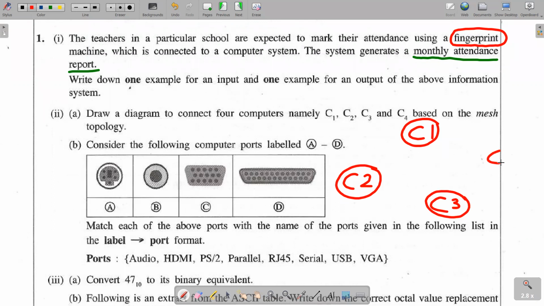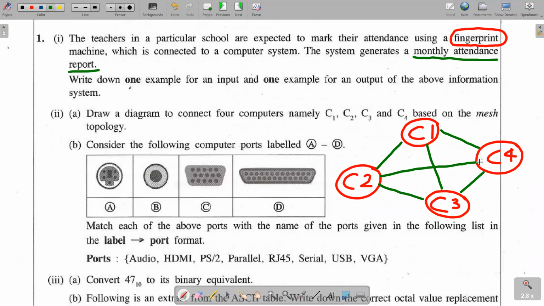Somehow your PCs should be named. And if it is a mesh topology, that means each and every computer must connect with all other computers. So this is how you can show the mesh topology. C1, C2, C3, C4 must be there because they have specified the names of the computers. And the mesh topology goes like this.